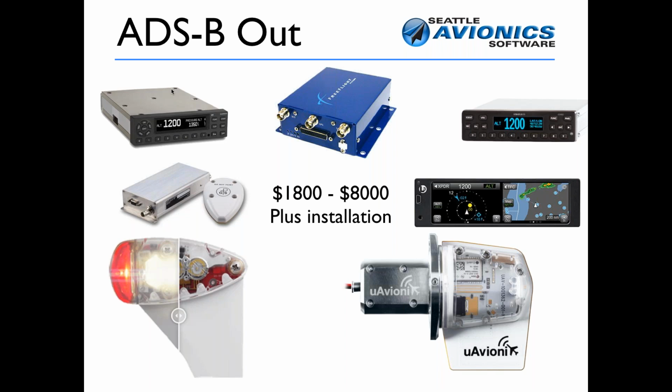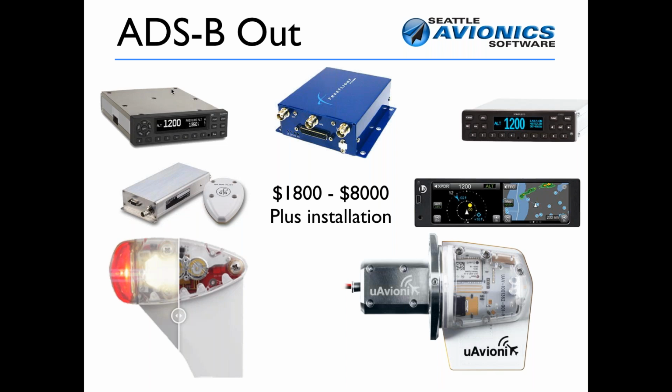Next to that, the one with the blue letters, they're squawking 1200. You have a Garmin, I believe it's the GDL 82, below there, which has the separate GPS versus the silver box. You have an L3 Lynx to the right-hand side of the price tag. Below the GDL 82 is something that has a big red light on it. That is a uAvionix SkyBeacon.